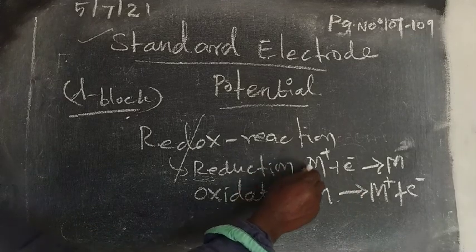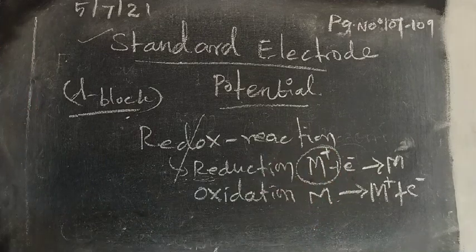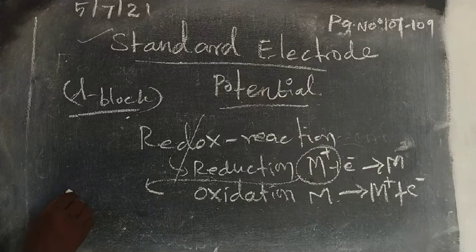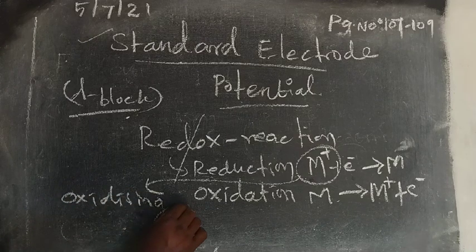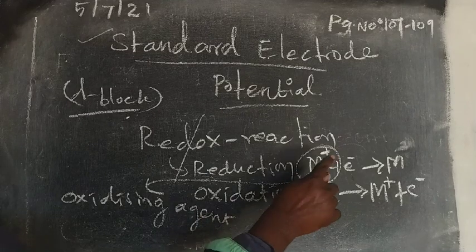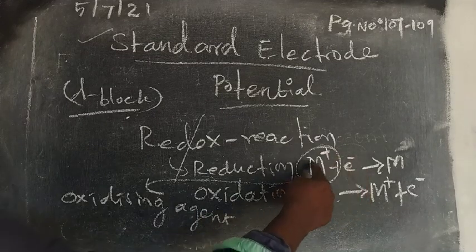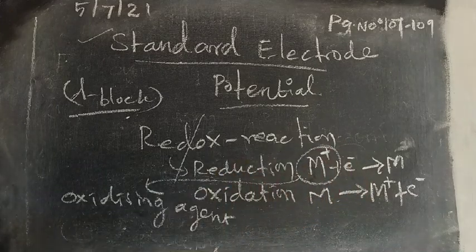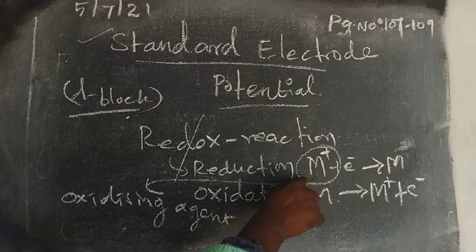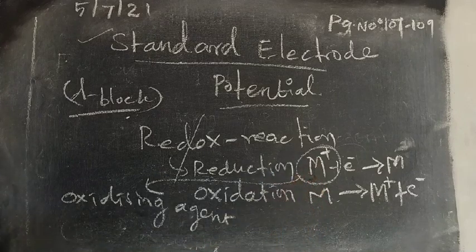Now, whichever is undergoing reduction is acting as an oxidizing agent for the second one. So the first one which is gaining electron, gain of electron means reduction, that is undergoing reduction, but at the same time it is acting as an oxidizing agent for the second metal.